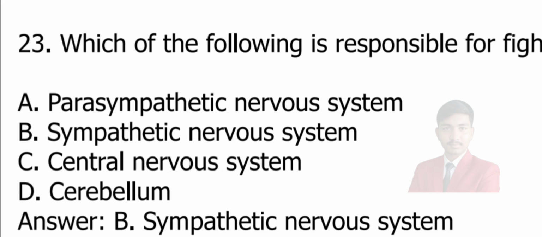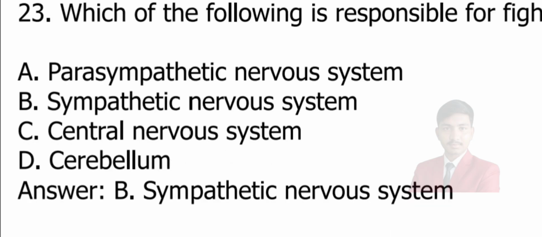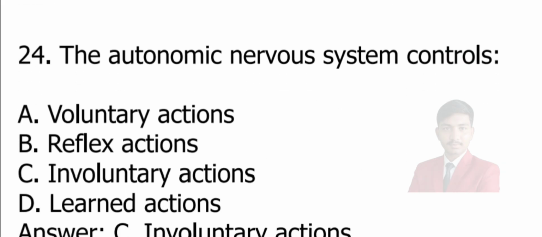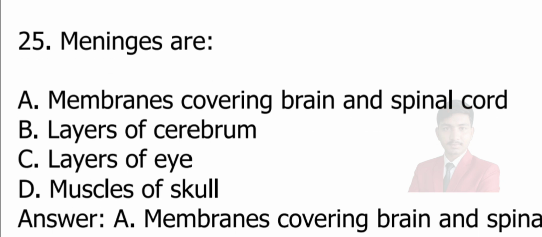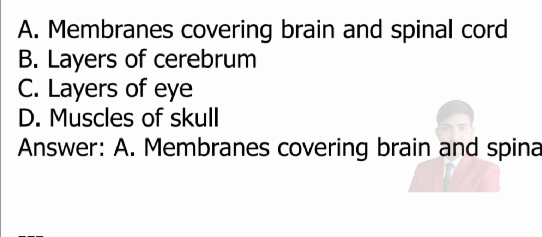Which of the following is responsible for fight or flight response? Sympathetic nervous system is responsible for fight or flight response. The autonomic nervous system controls involuntary actions. Meninges are membranous coverings of brain and spinal cord.